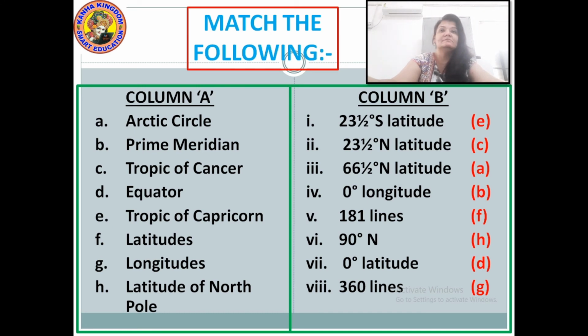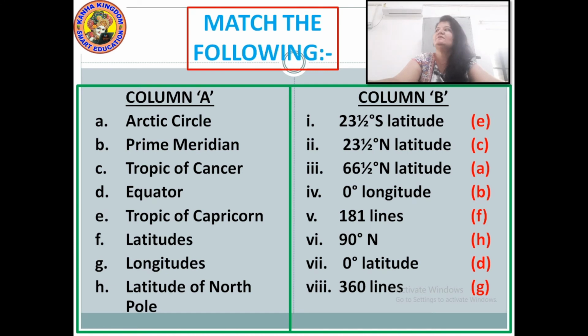Sixth, latitudes. Seventh, longitudes. Eighth, latitude of North Pole. This is column A. Now moving to column B.